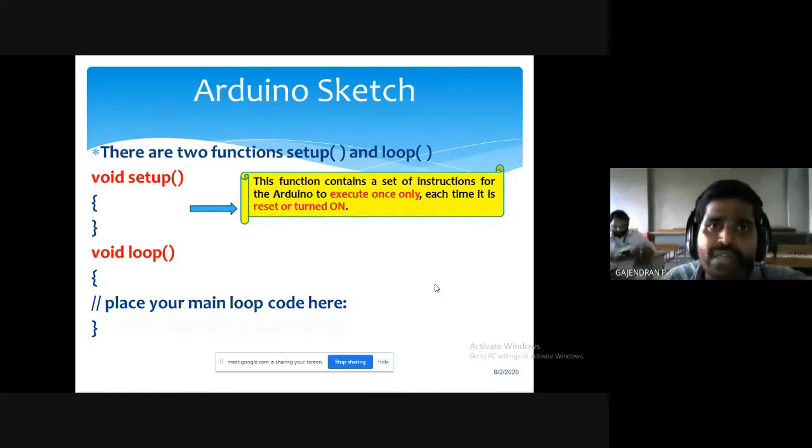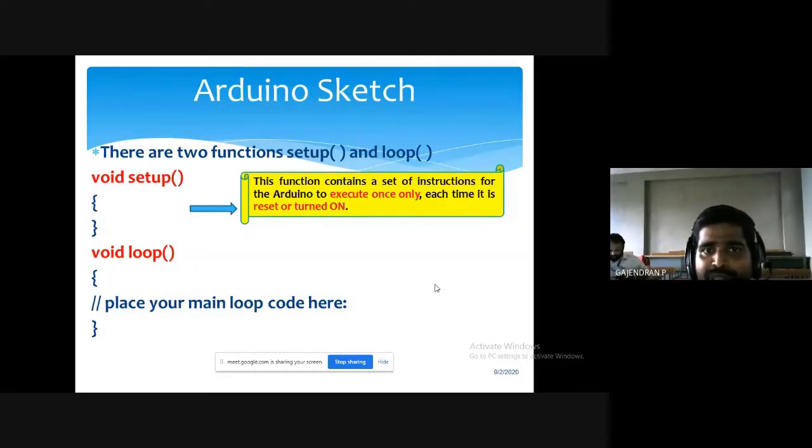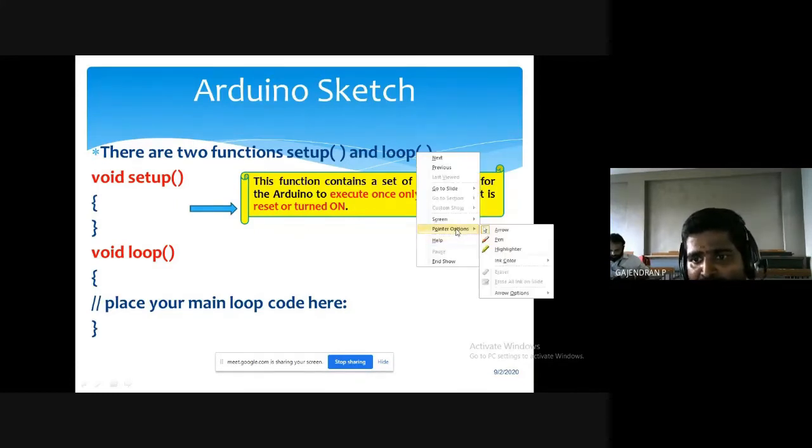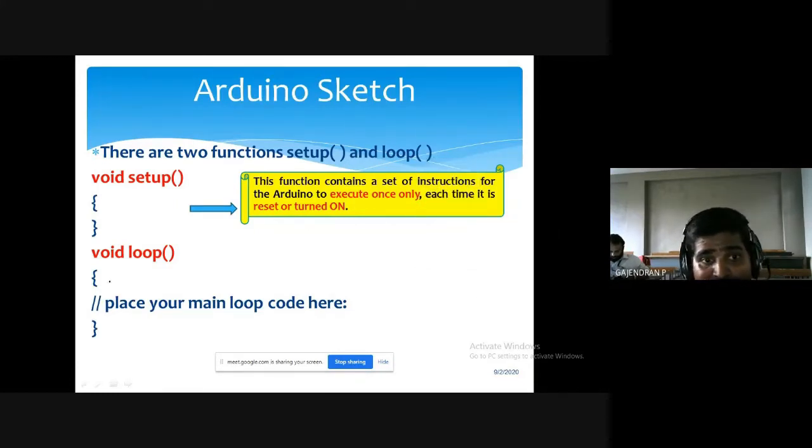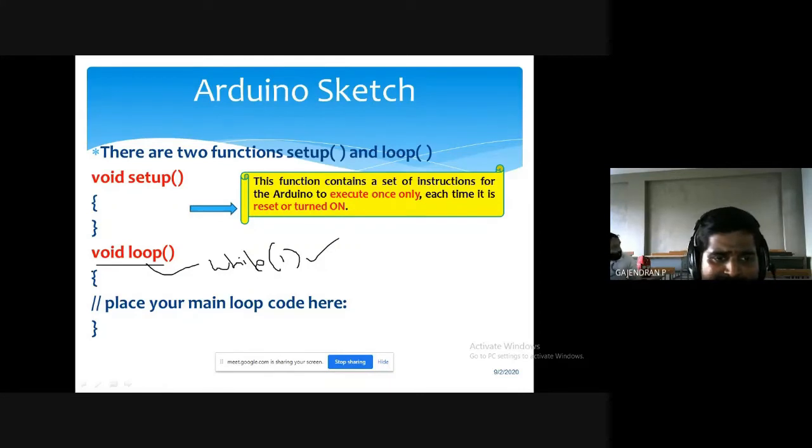If you put it like that, your program won't go to the next line. You need to debug, find where it's stuck, then remove the always-true condition. But this void loop is equivalent to while of 1 in your C program. So this program will execute an infinite number of times.